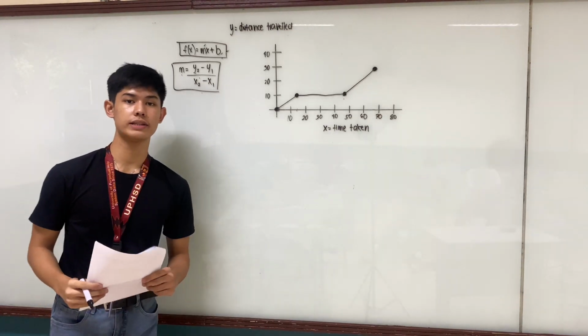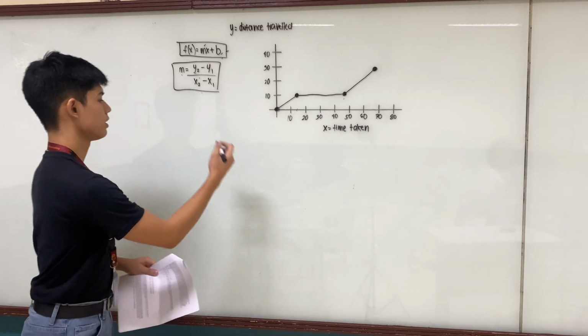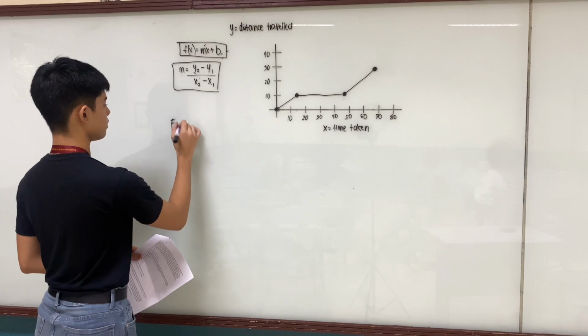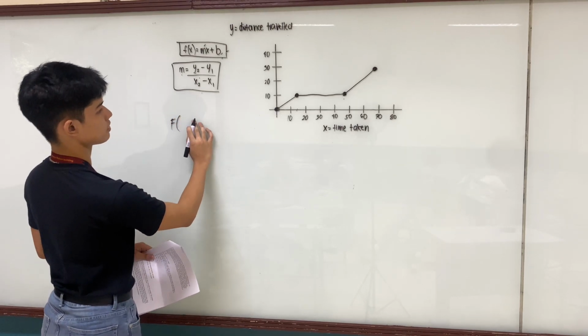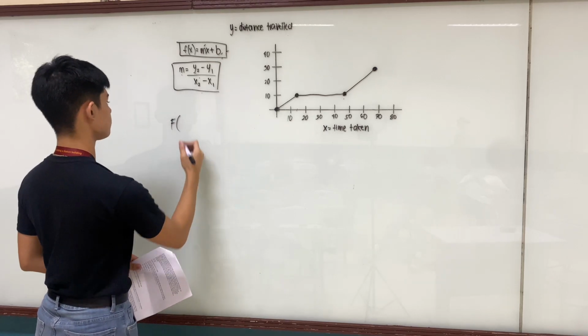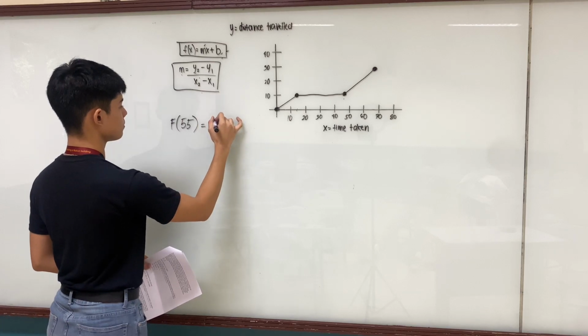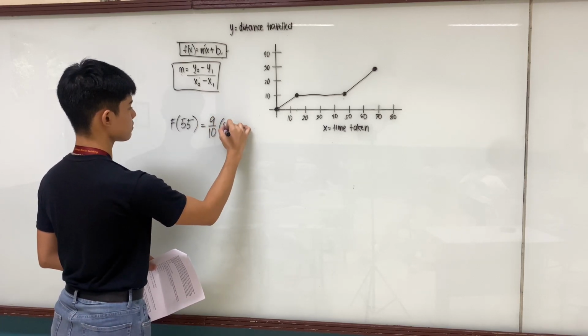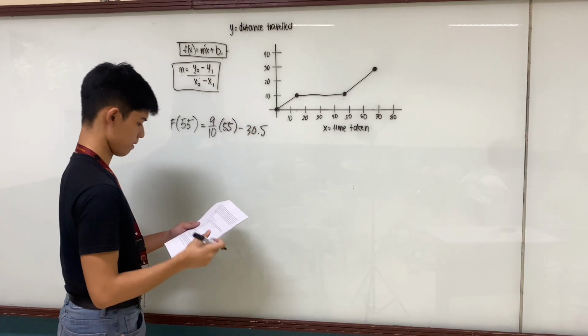So now we have already determined which piecewise function we are to use. Let us now solve for our y. So f of 55 is equal to 9 over 10 times 55 minus 30.5.